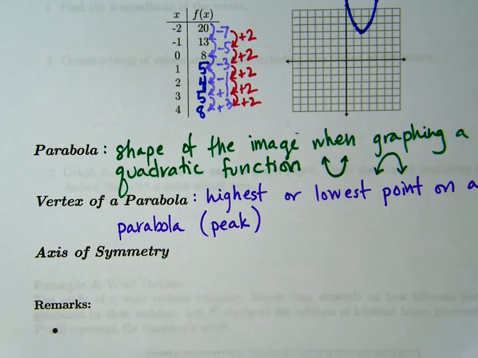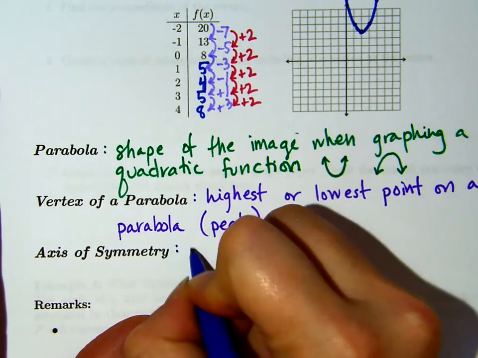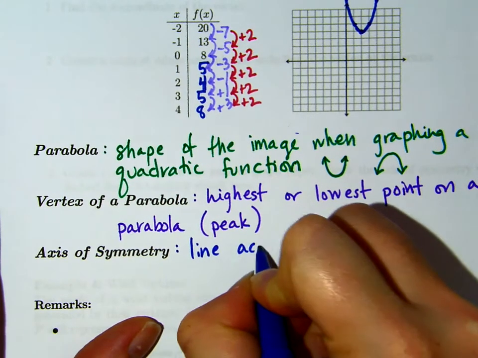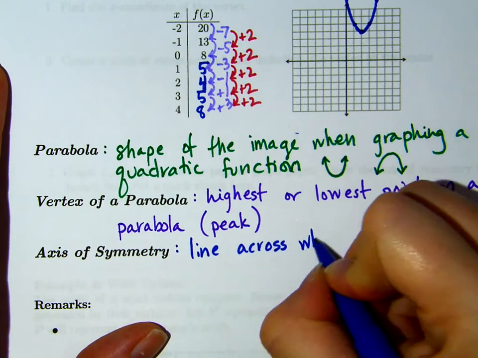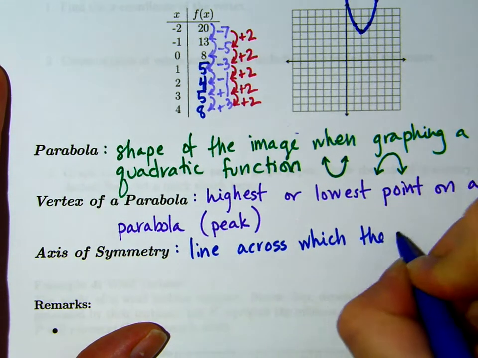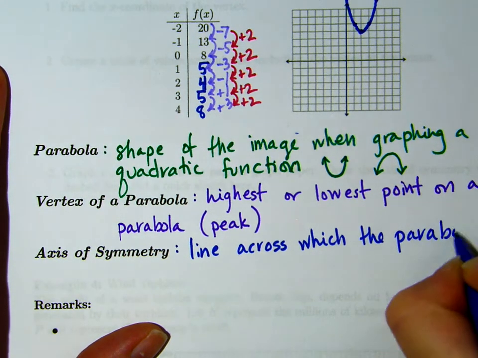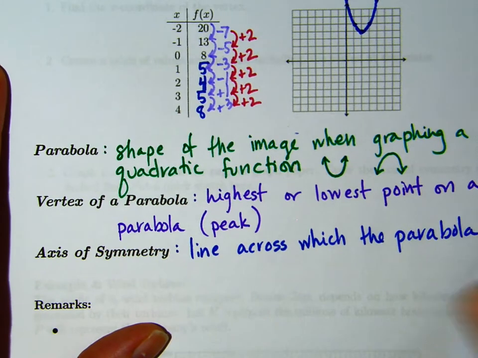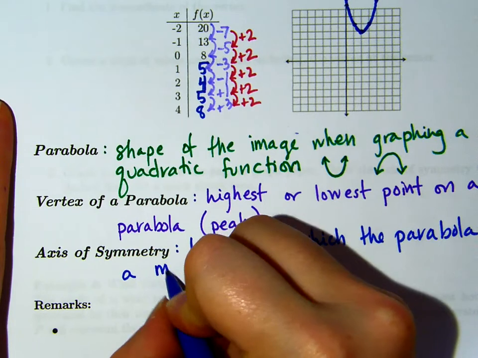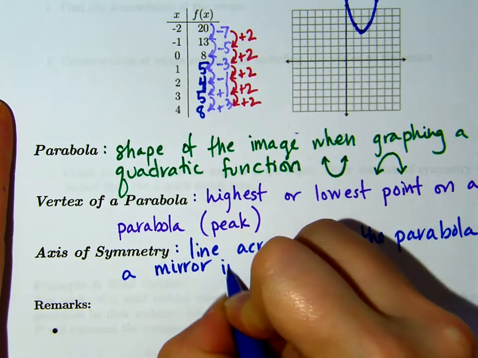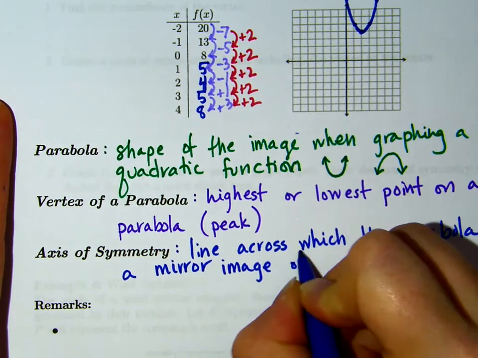So the axis of symmetry is a line across which the parabola is a mirror image of itself.